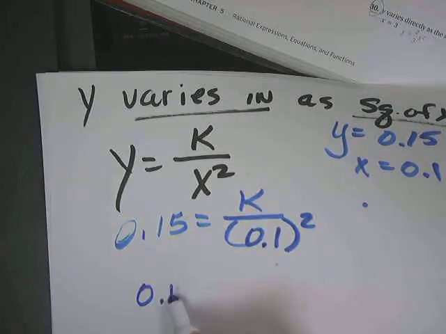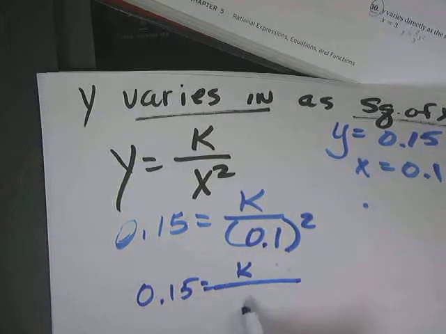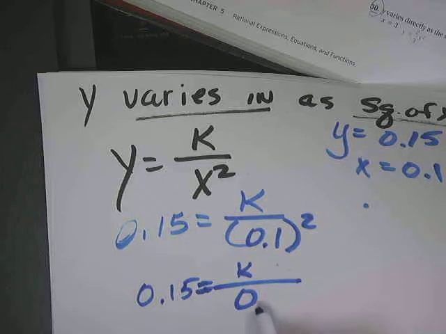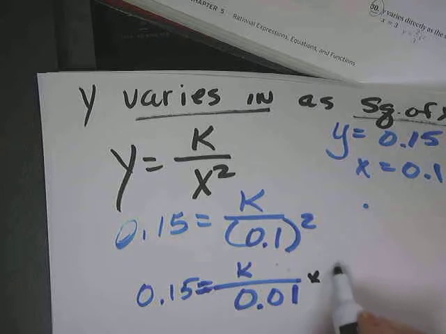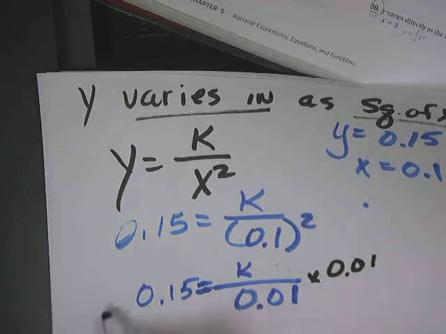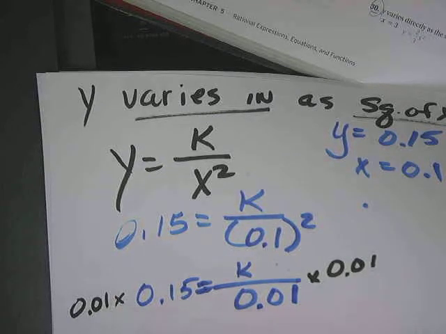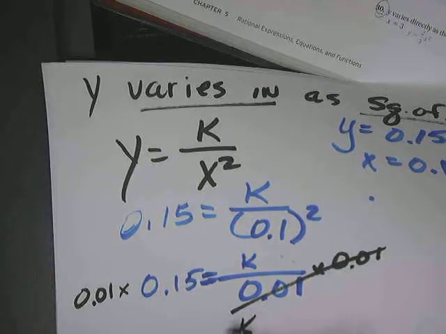Okay, y varies inversely, means you're going to put k over, right? Over what? Square of x, x squared. Put your numbers in there. Y, 0.15, equals k over that squared.